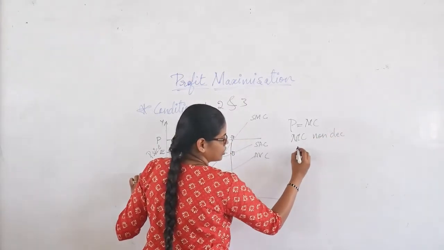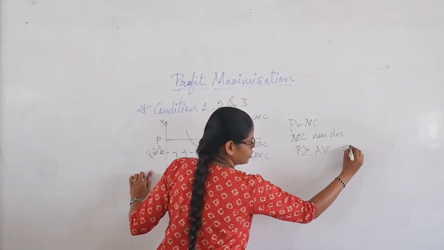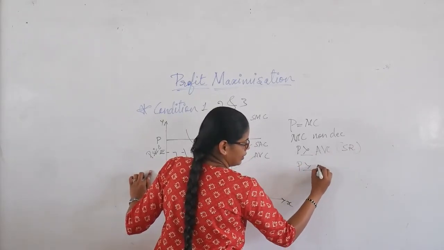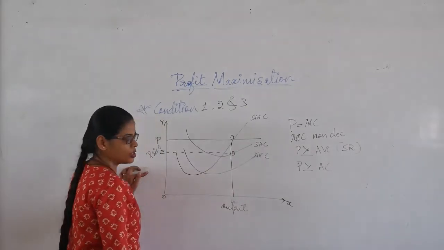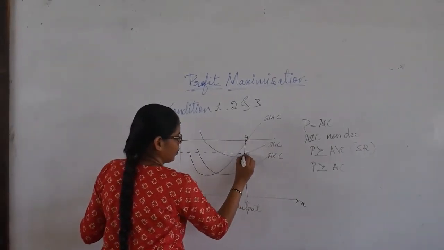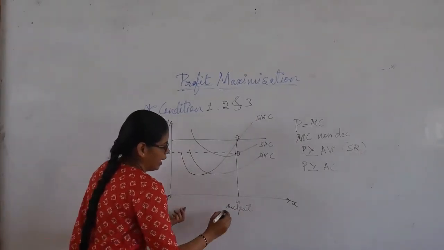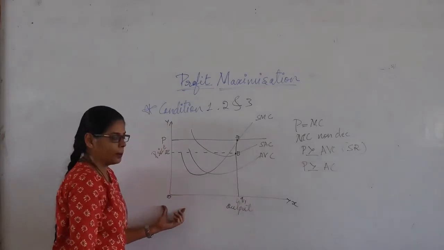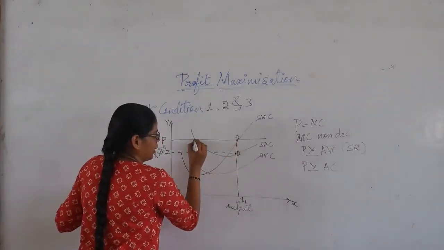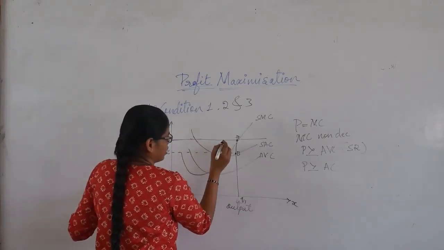Then the third condition talks about price being greater than or equal to average variable cost in the short run, and in the long run price should be greater than or equal to average cost. So if you look here, we have these two points. This is the price, this is OE, and this is quantity Q1.